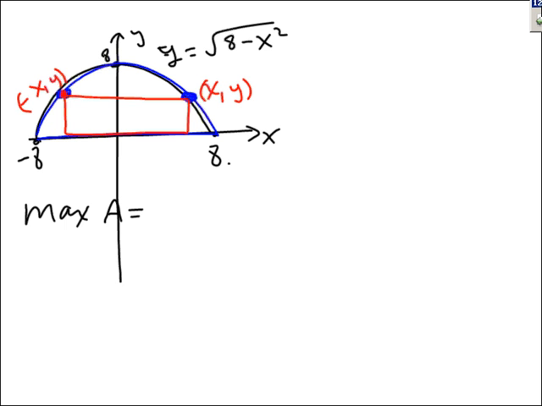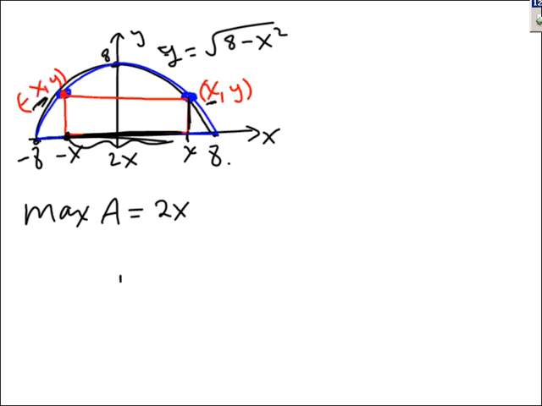But the area, like always for a rectangle, is side by side. We need to find out how long each side is. Well, since that's x, that's x. And since it's negative x, this is negative x. This distance is 2x.